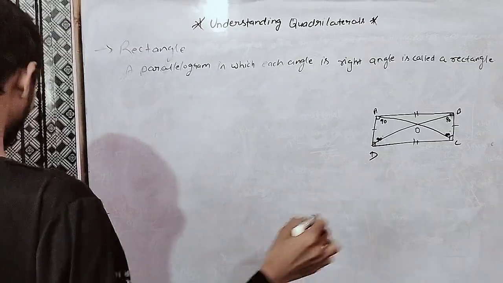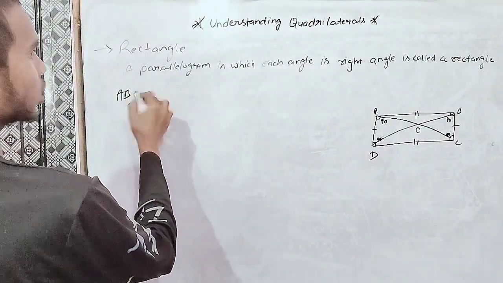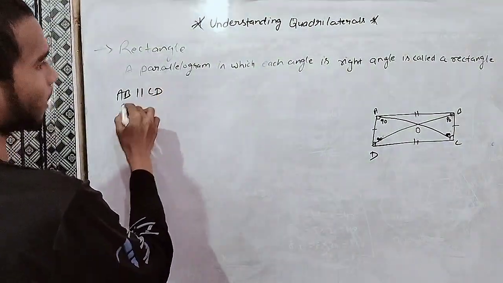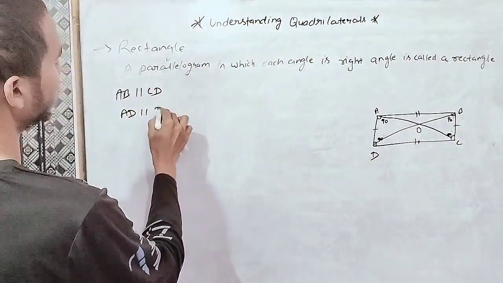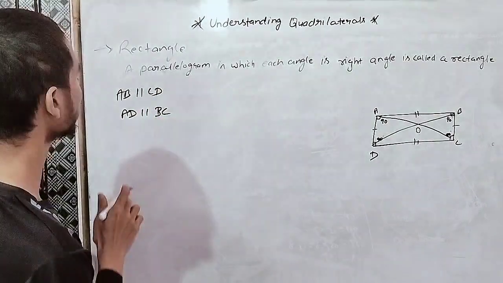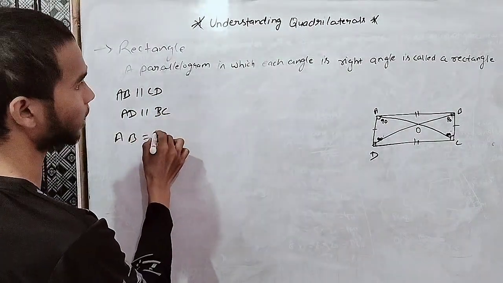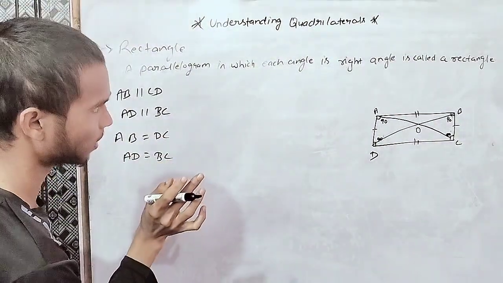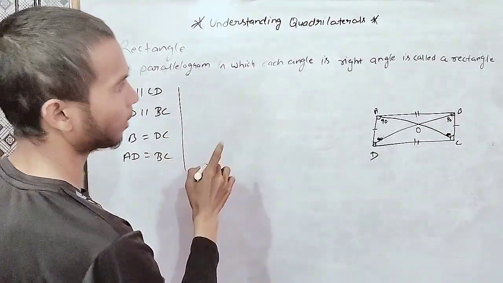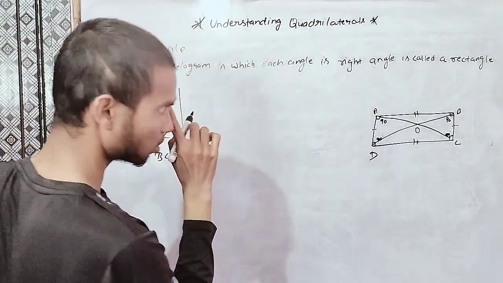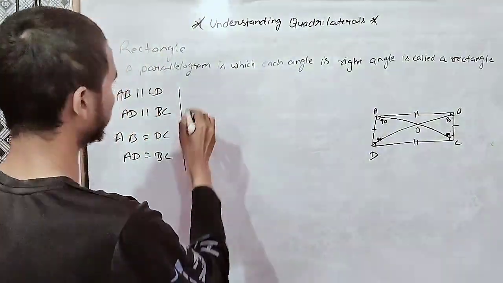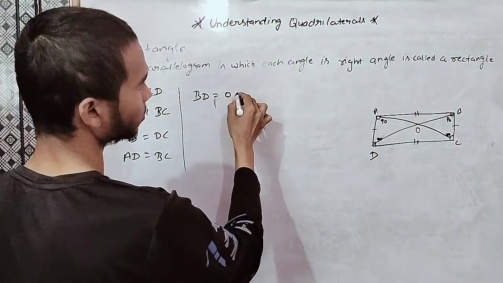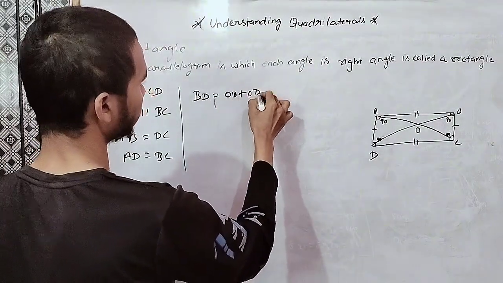Of course. So can we write that AB is parallel to CD. Now AD is parallel to BC. Okay. The value of AB will be equal to DC, and the value of AD will be equal to BC. Clear? Now, BD is a diagonal. OB and OD.